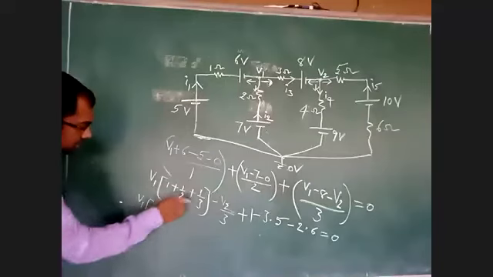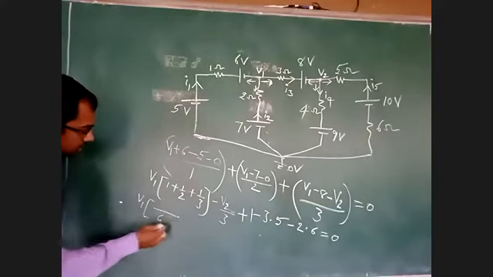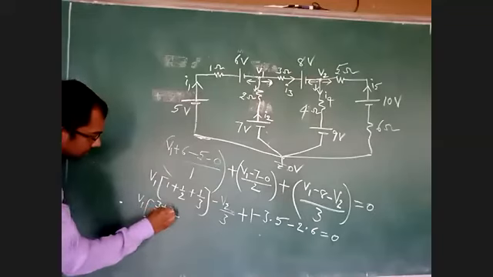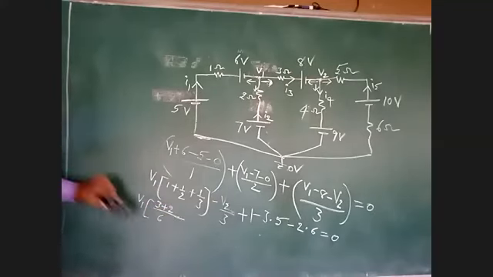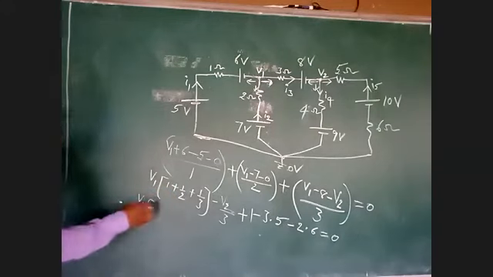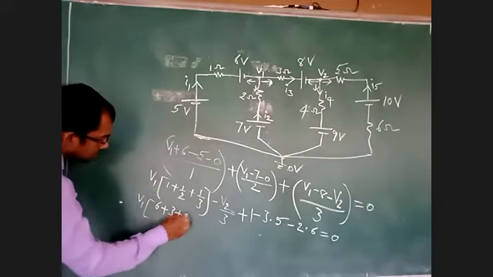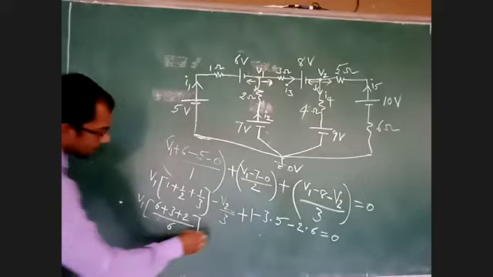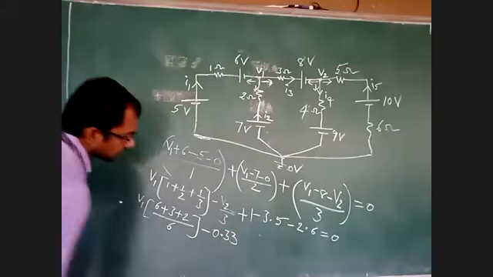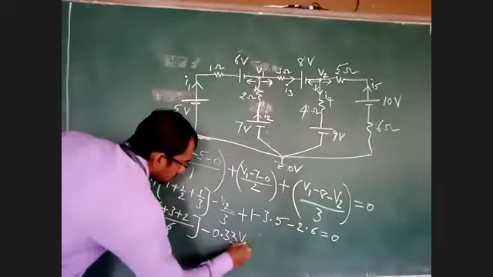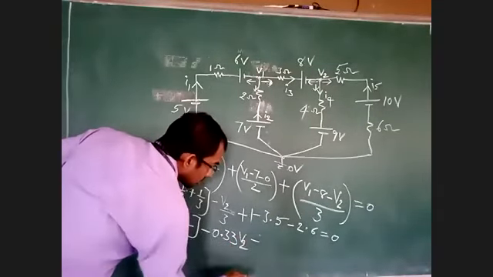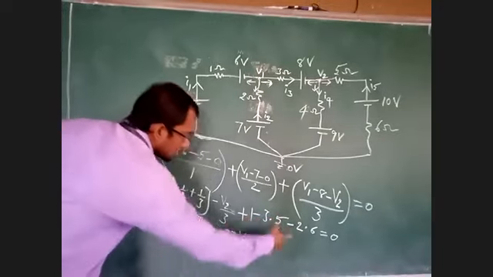V1 into 6 plus 3 plus 2, divided by 6, minus 1 by 3 means 0.33 V2, minus, what is this value? 5.1.